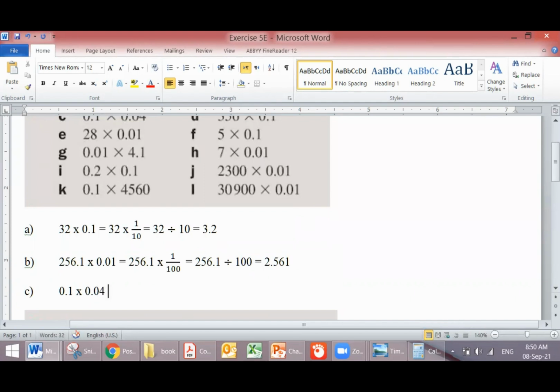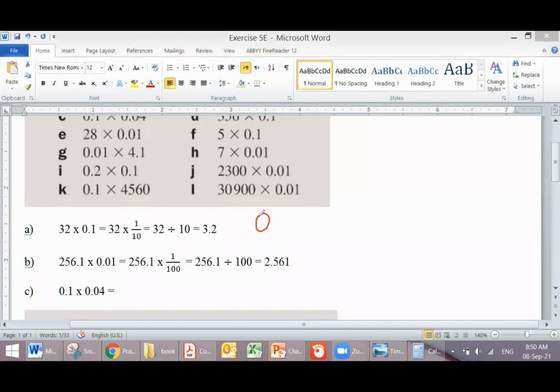Okay, boys, listen to me carefully. This 0.04 I can write as, just wait, boys. 0.04, I can split it again into two parts. Same way we split it in previous questions. Again, we will also split. We can also split it in the form of multiplication.